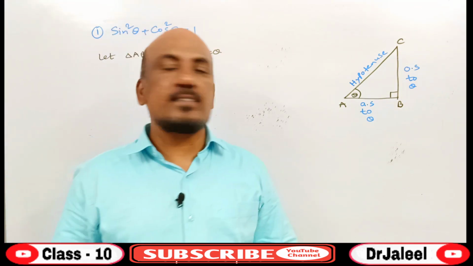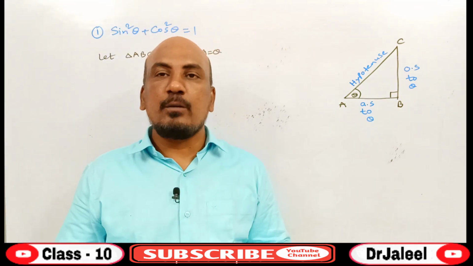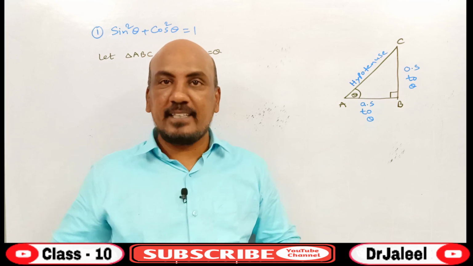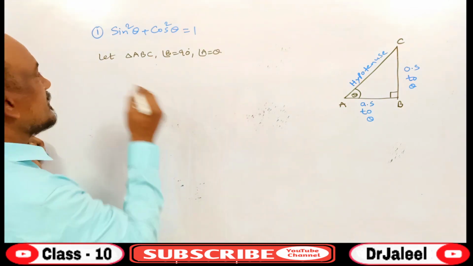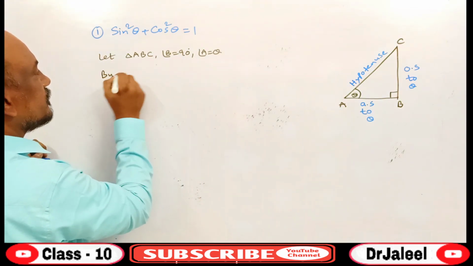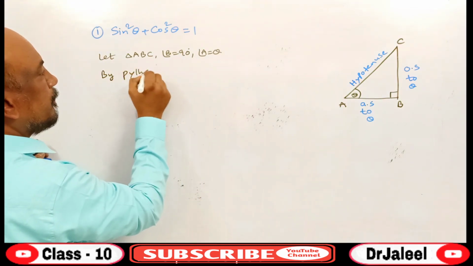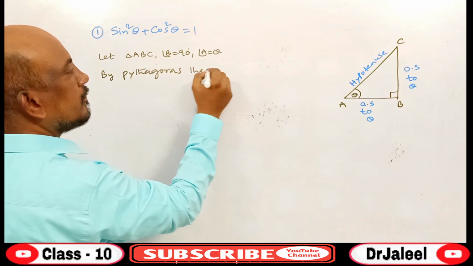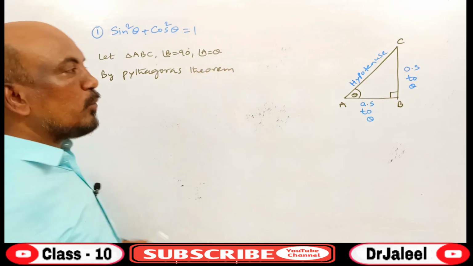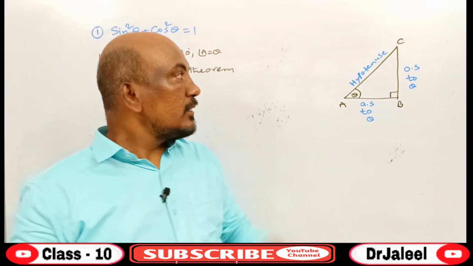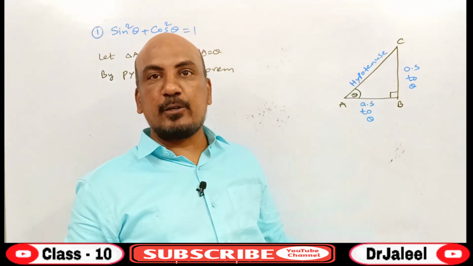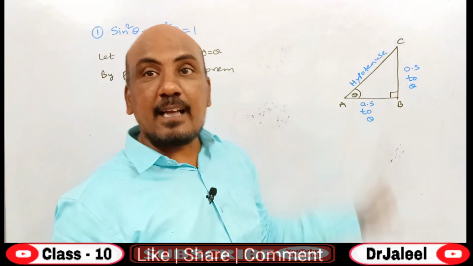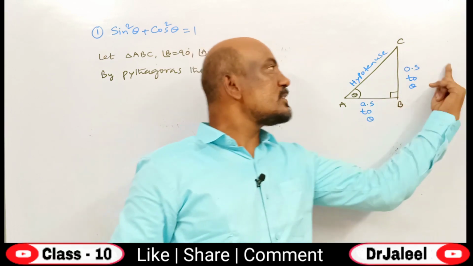Children, whenever you see this right angle triangle, what comes to your mind? The first thing that comes to our mind is Pythagoras theorem. So we will use Pythagoras theorem here. What is Pythagoras theorem? Square of the hypotenuse is equal to the sum of the squares of the other two sides.